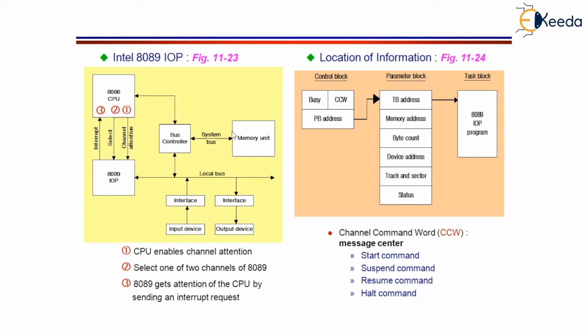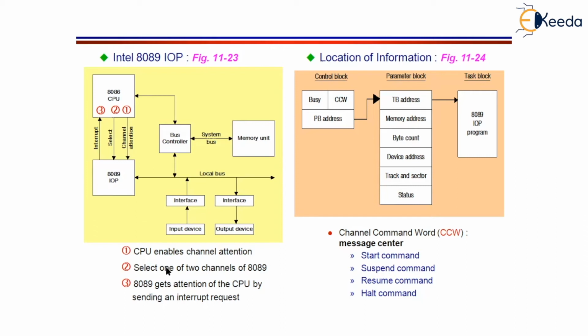It is going to use some block in the main memory to prepare a message, and 8089 is going to read the message which is prepared by 8086, after which the 8089 is going to carry out the task that is initiated. Eventually, the task is nothing but the IO transfer, the main memory to the peripheral device transfer.